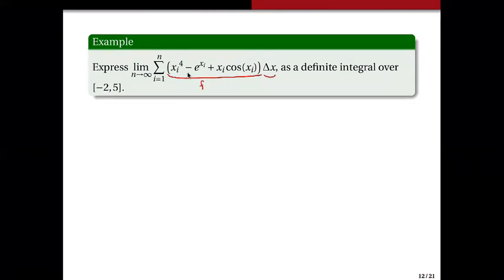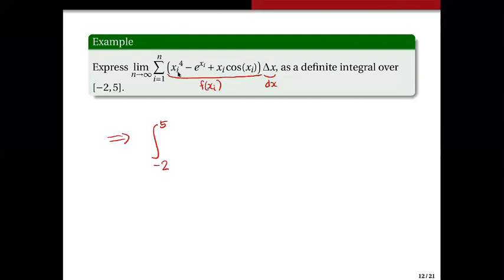This part will be the dx. Of course, this is your f of xi. Therefore, this whole limit will be the integral from -2 to 5, that's your interval here, of f of x.